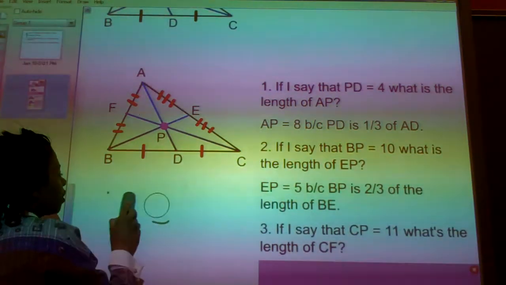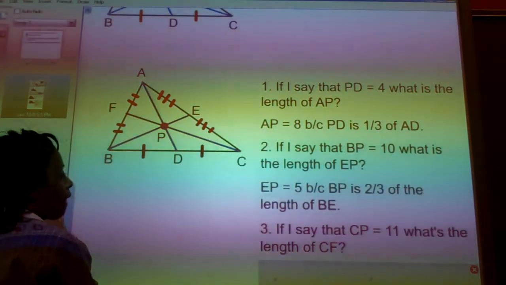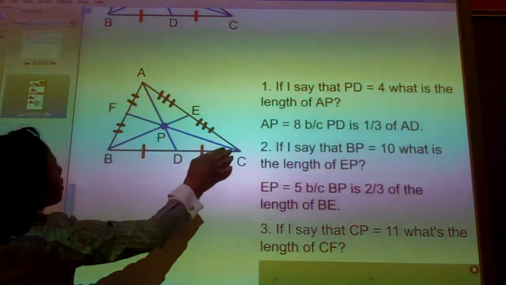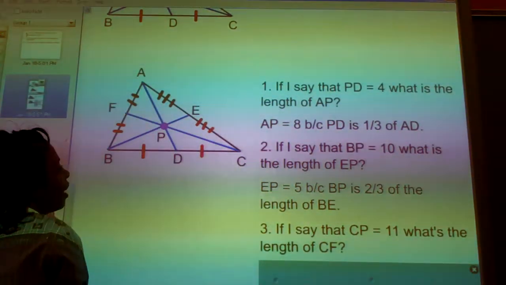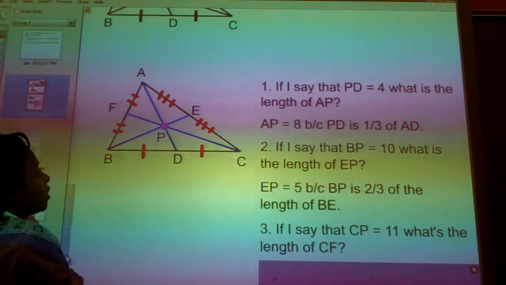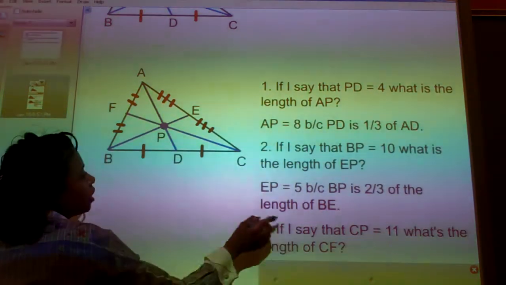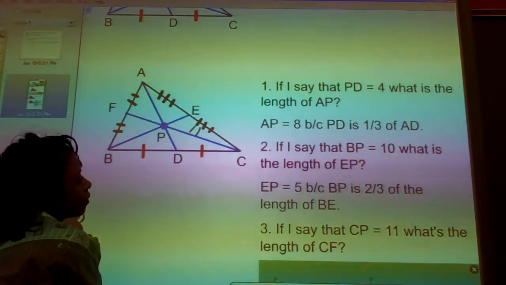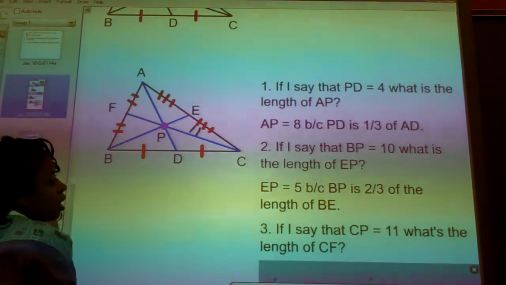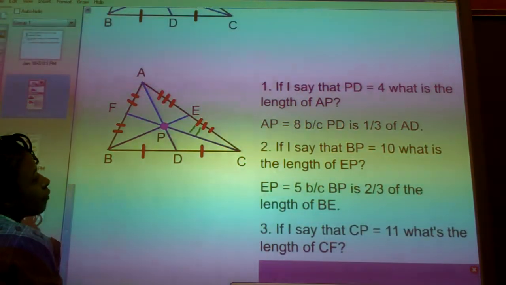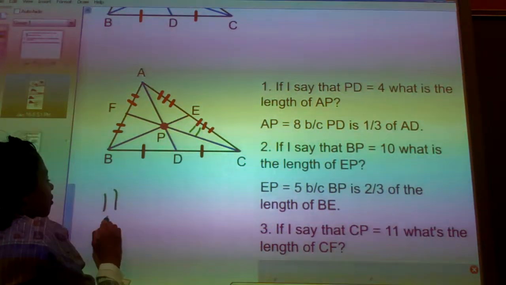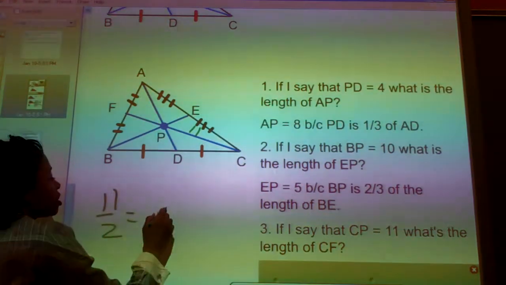If CP is equal to 11, what is the length of CF? If I take that 11 and divide it in half, I can find out how much each third is worth.